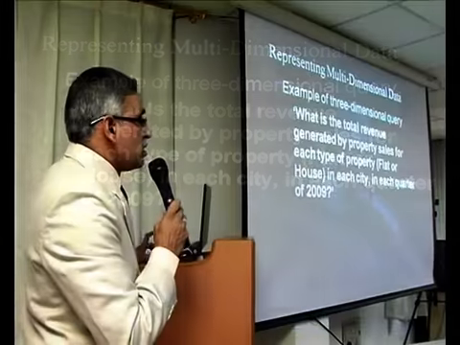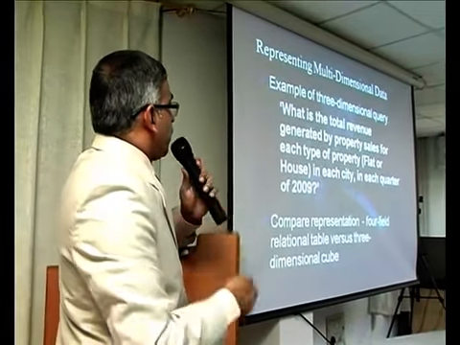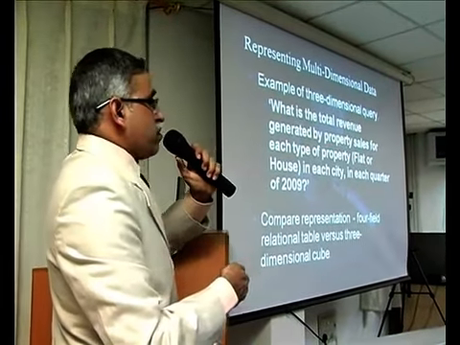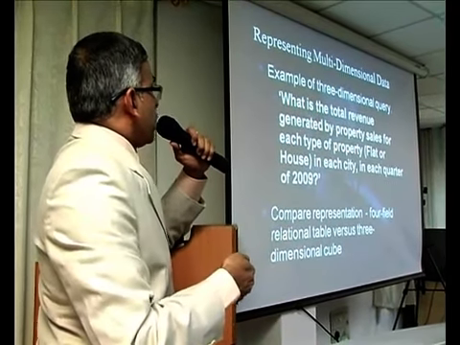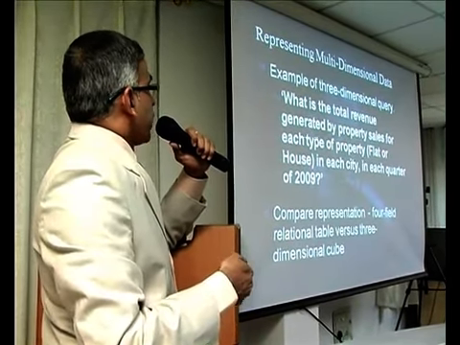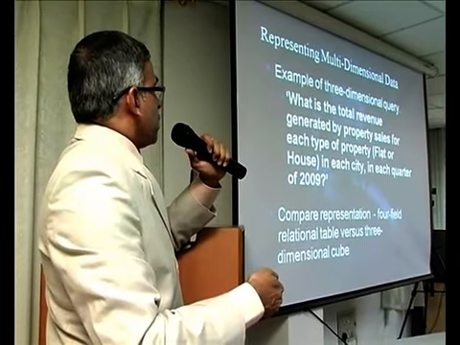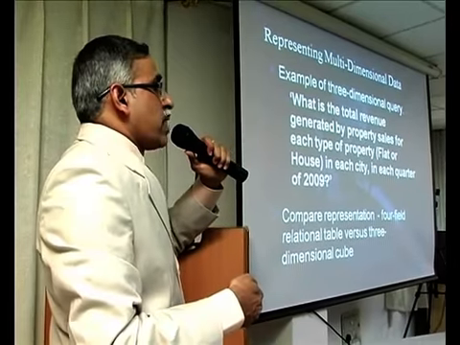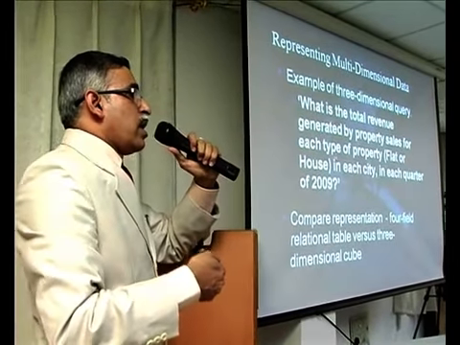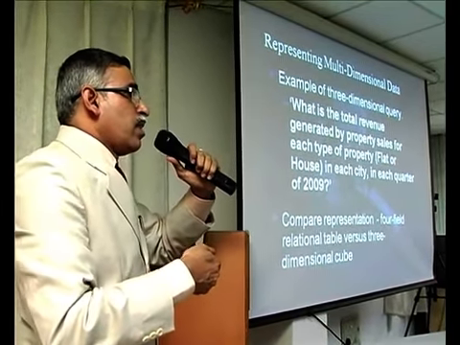If you extend the same representation by adding a property sales dimension, what is the total revenue generated by property sales for each type of property, say either flat or house, in each city, in each quarter of 2009? So now how many columns are required in the tabular representation?